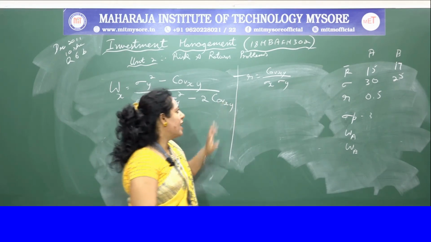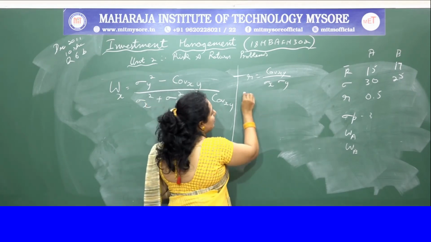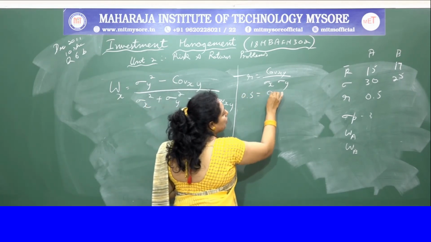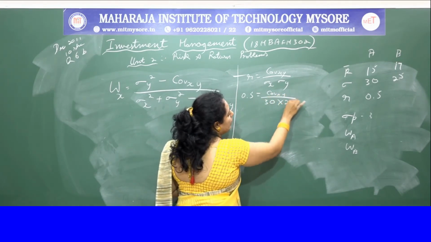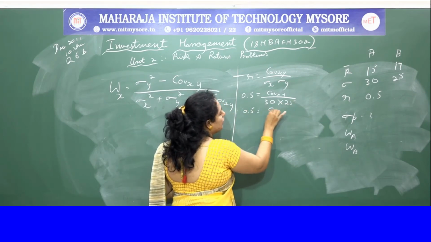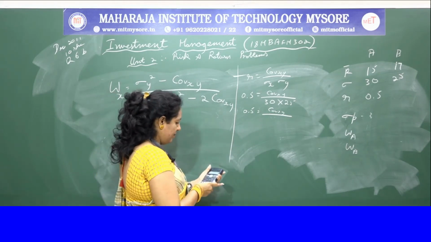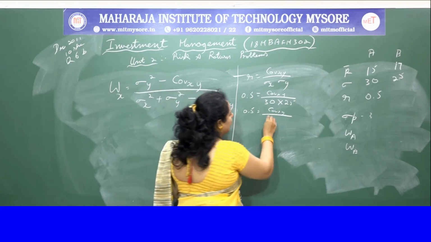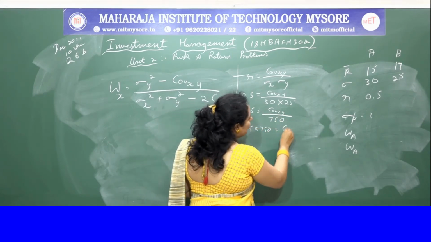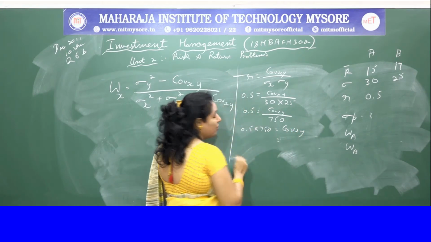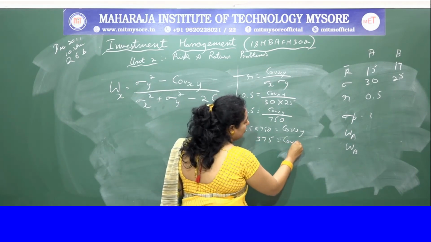Substituting, 0.5 is equal to covariance XY divided by 30 into 25. So 0.5 into 750 is equal to covariance XY. Half of 750 is 375. That is the answer for covariance.